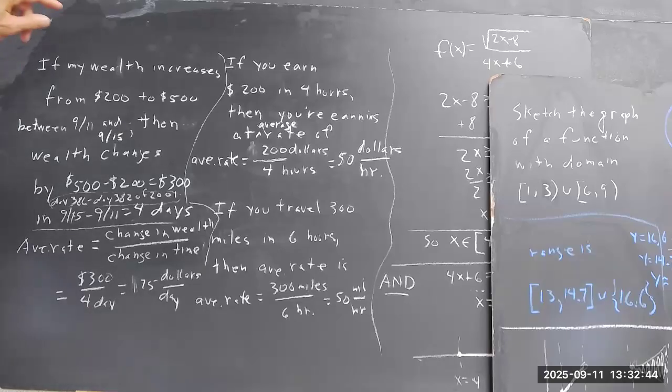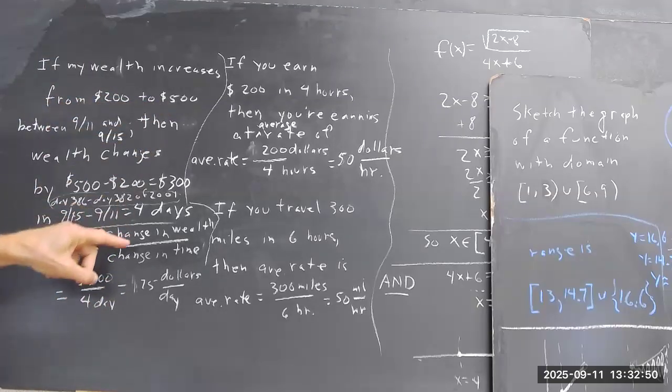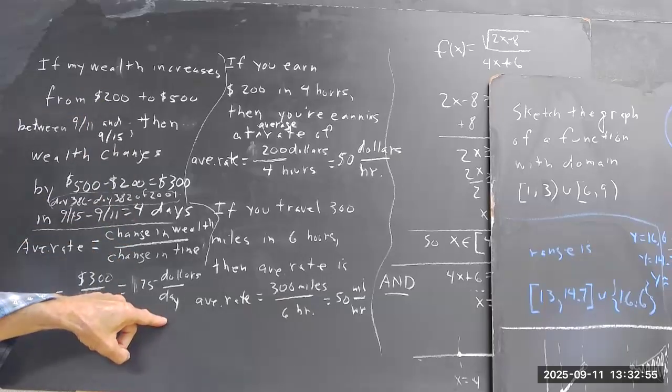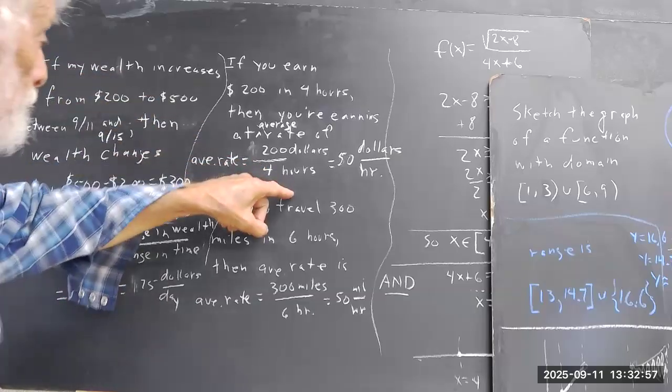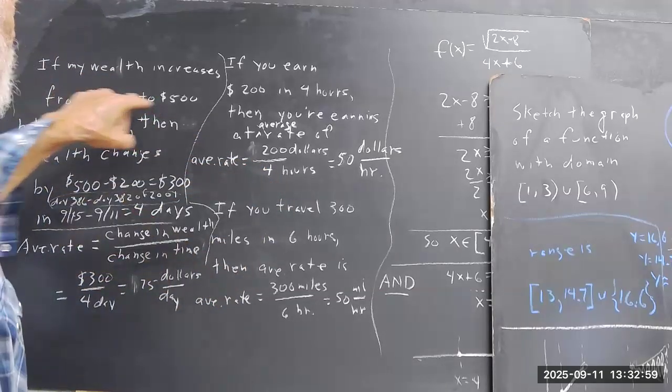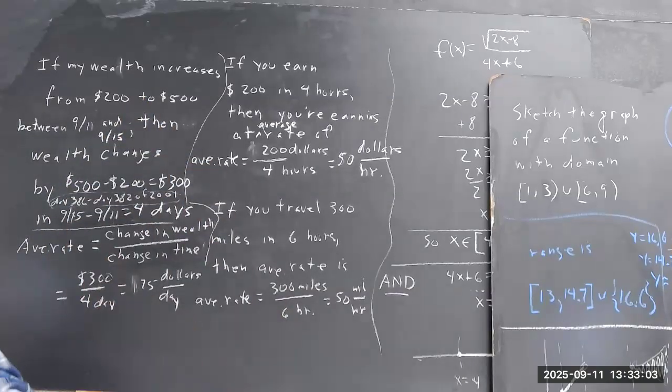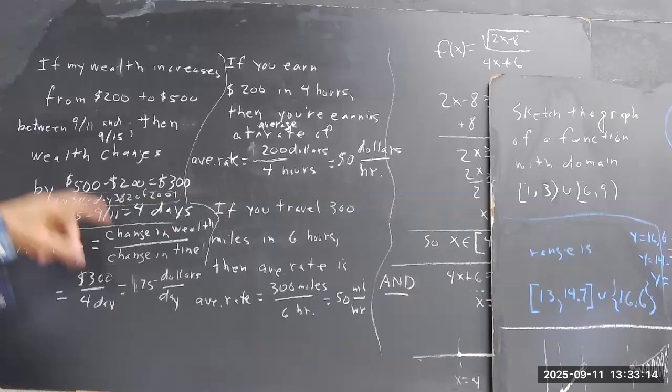But anyhow, we start with my wealth changes from 200 to 500 in 4 days. The average rate is the difference here, which is $300 divided by the 4 days. And we get $75 per day. It's just a little more complicated than this because you got to know how much money did you earn at that time. Well, that's the change in your wealth. And maybe that's not the money, take how much you earn minus how much you lost. That's how much your wealth changes, okay? Change in wealth over change in time.